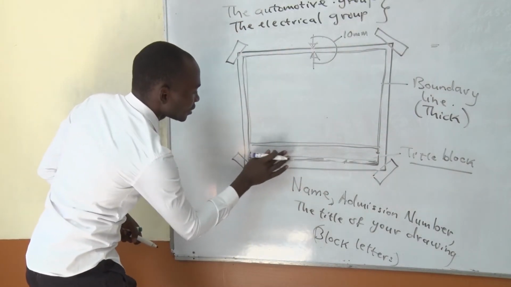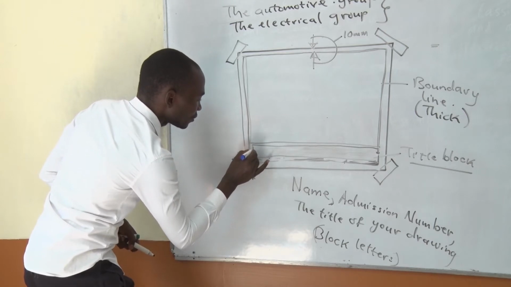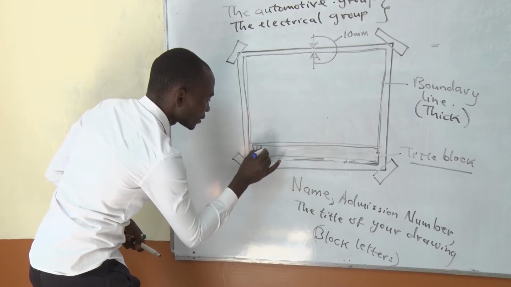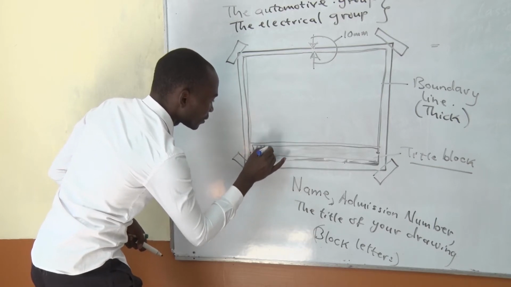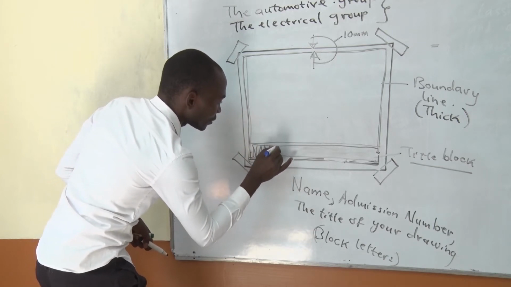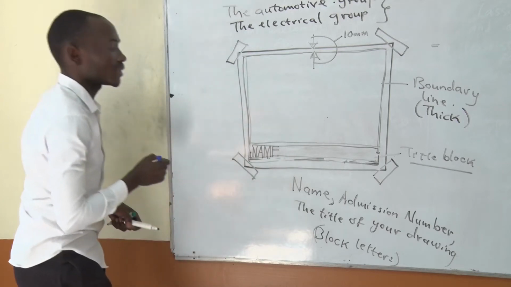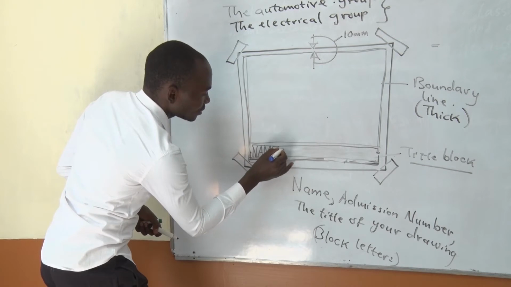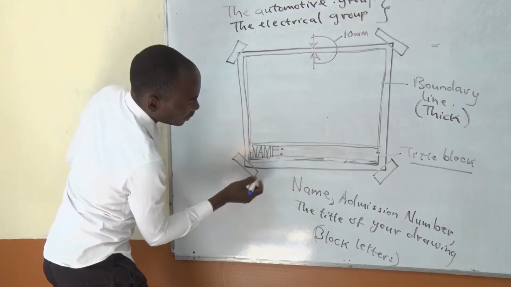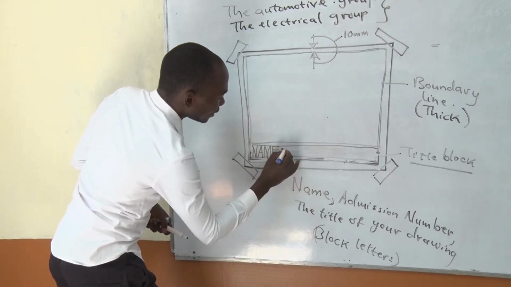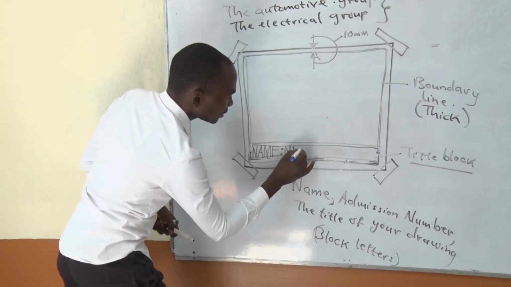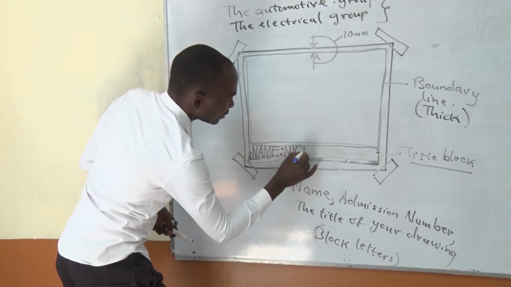So you will write your name here, and they should touch that line. Then you put some semicolons. Let's say you are called Nicholas. You write Nicholas with very nice letters like this.